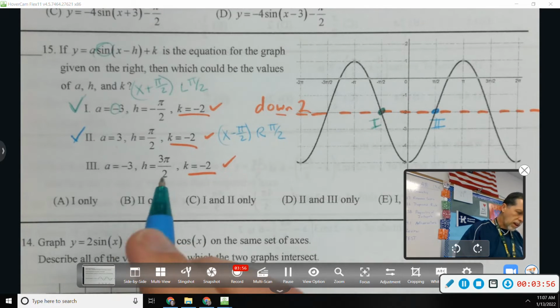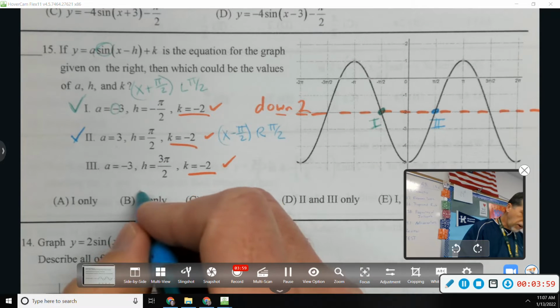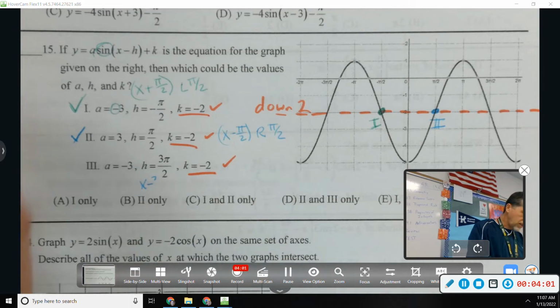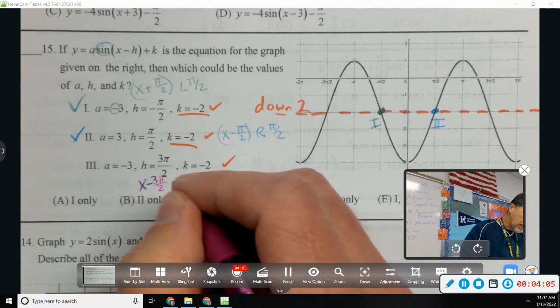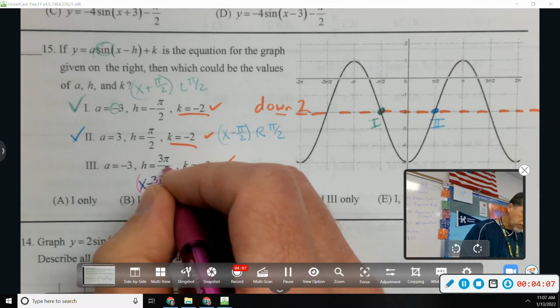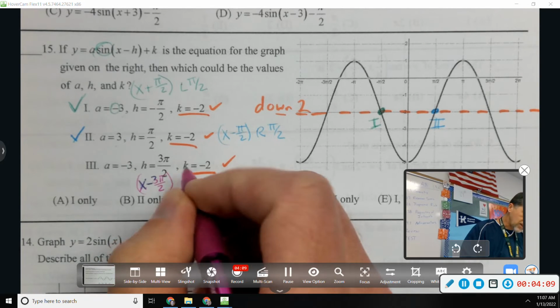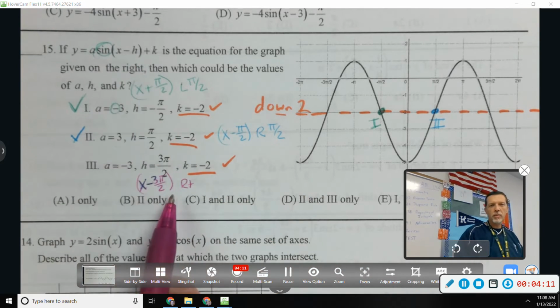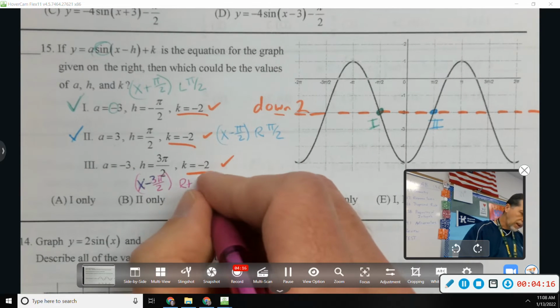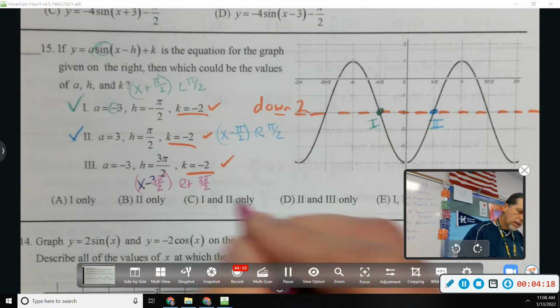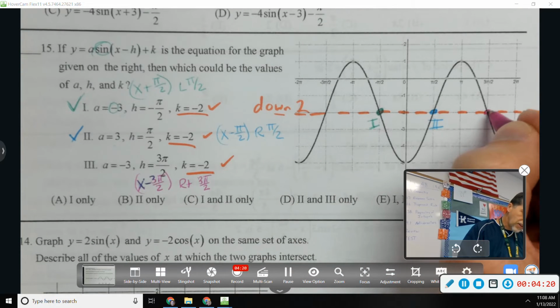Number 3. If h is 3 pi over 2, then that's x minus 3 pi over 2. So you flip the sign. Whoops, no, that's right. I'm just looking at what it gave me. So if I plug in 3 pi over 2, that makes sense. x minus, which means right 3 pi over 2, which would put me right here.